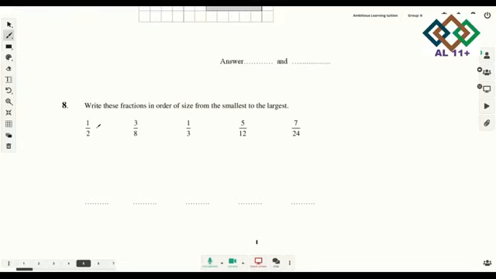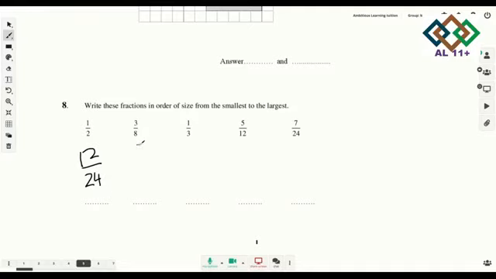If I make the denominator the same in this one, the denominator for half would be 12 by 24.